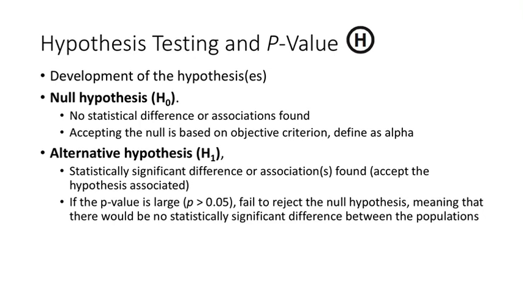And we can, of course, have the null hypothesis, where there's no statistical difference or association found. It's what I call the status quo. And then we have the alternative hypothesis, which is a statistical difference or an association that's found. And the p-value is caught up in this.